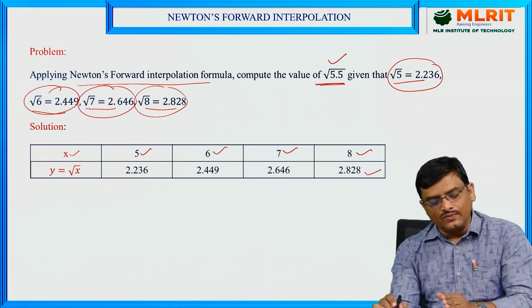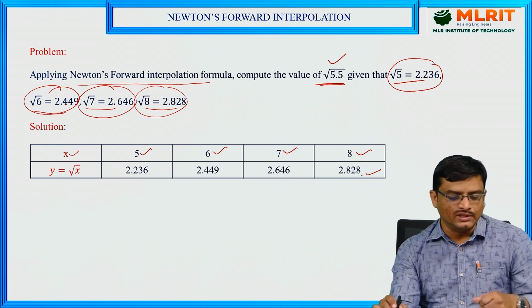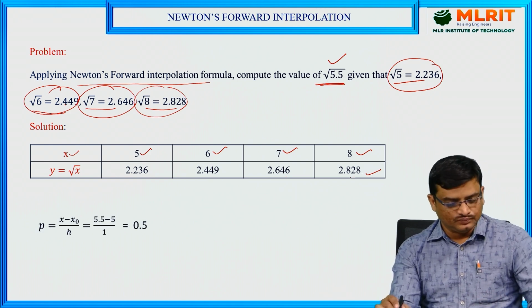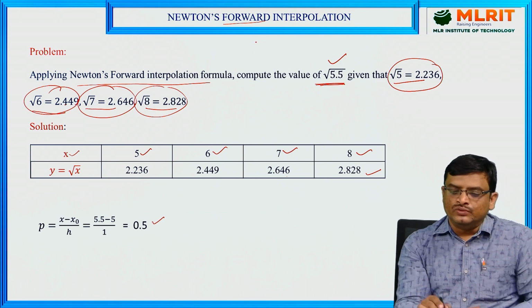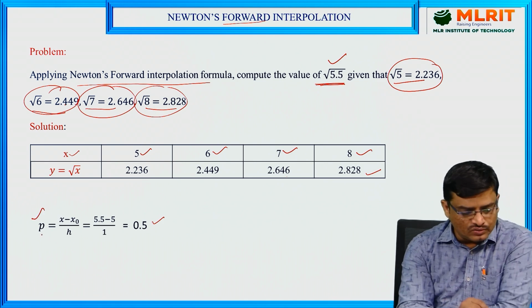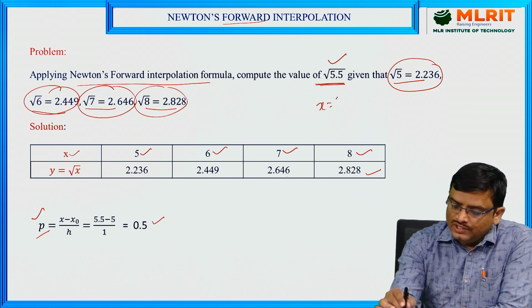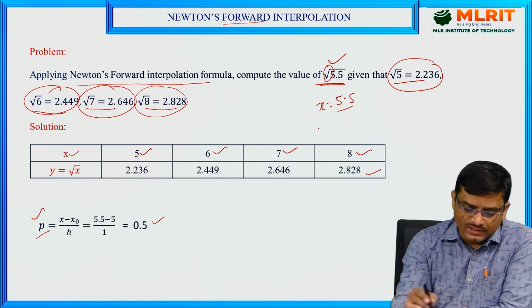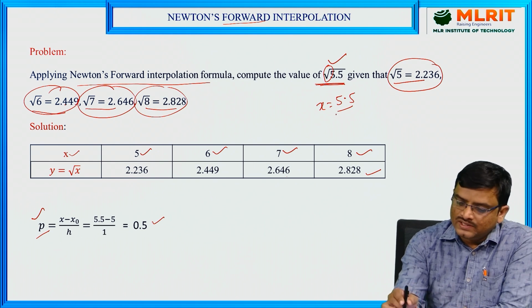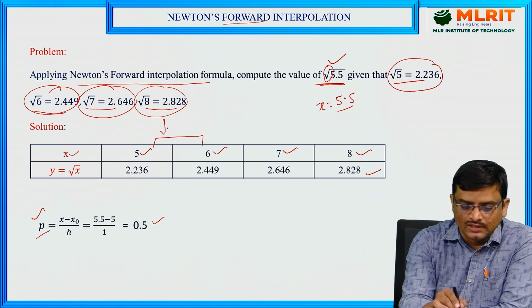Once after converting into a table, as we discussed in the previous problem, we have to construct the forward difference table here. If you want to apply Newton's forward interpolation, we have to get the value of p. Here the x value is given as 5.5, and this 5.5 lies between 5 and 6, at the beginning of the table.